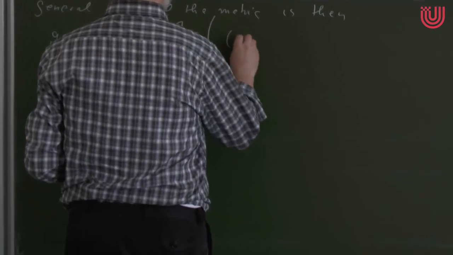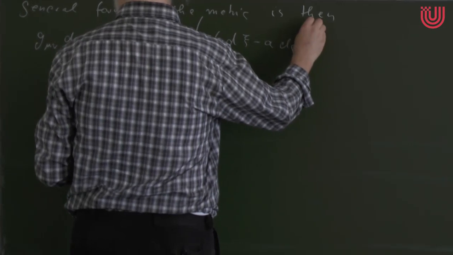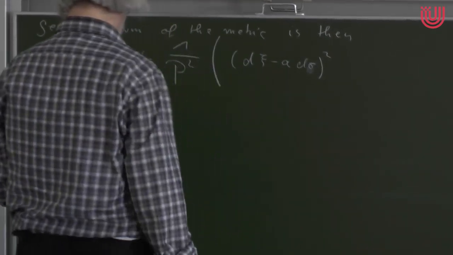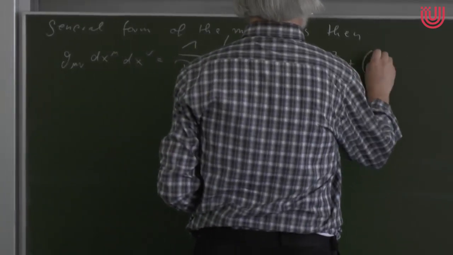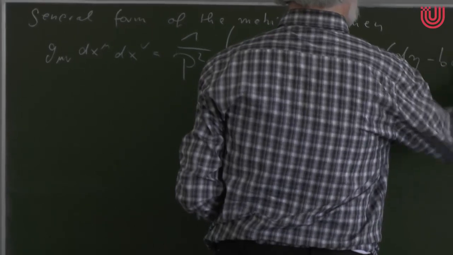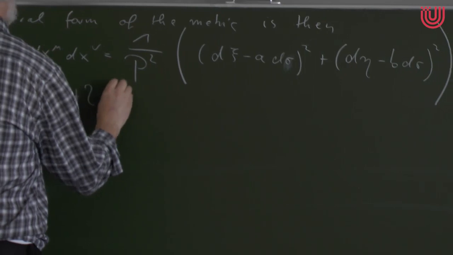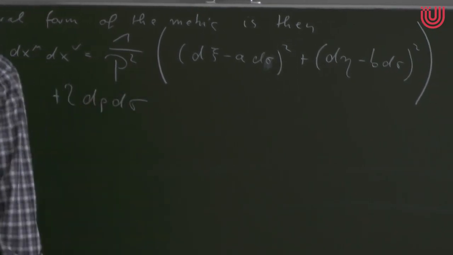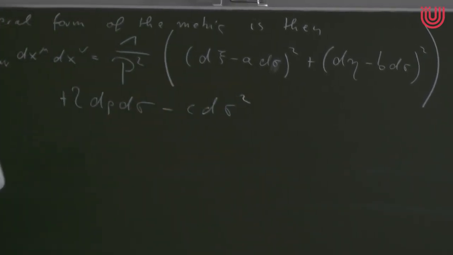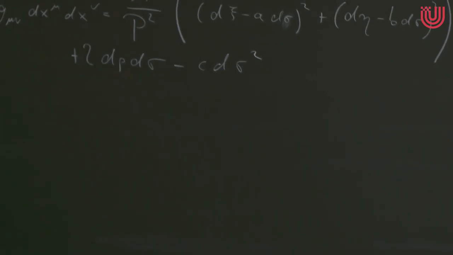And a big bracket, d psi minus a d rho squared, d sigma, sorry, d sigma, plus d eta minus b d sigma squared, bracket closed, plus 2 d rho d sigma minus c d sigma. Oh, c is not the speed of light, c is a coefficient, sorry. But it's a notation from the original paper.